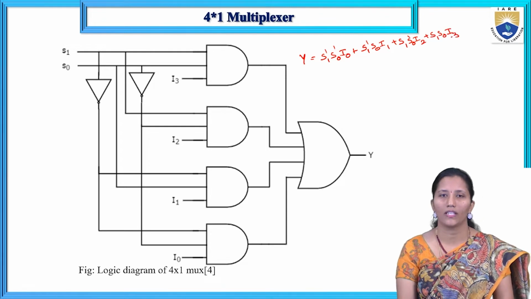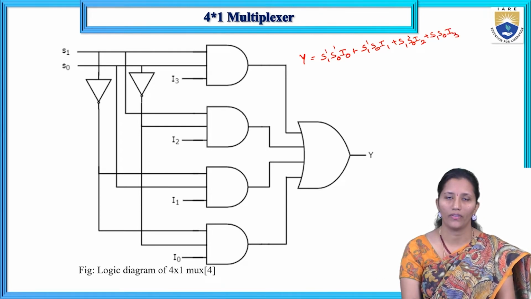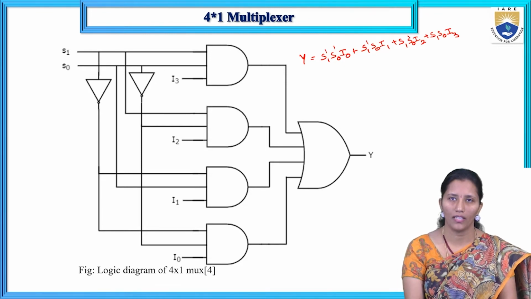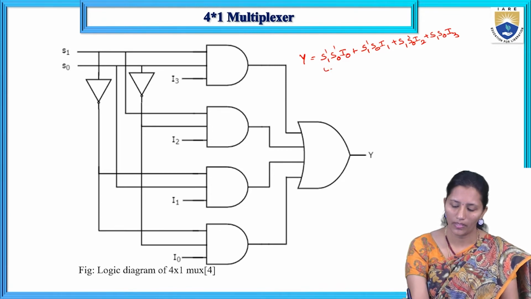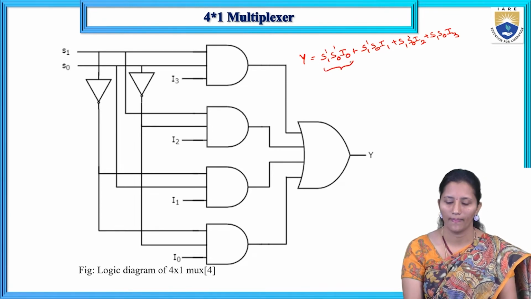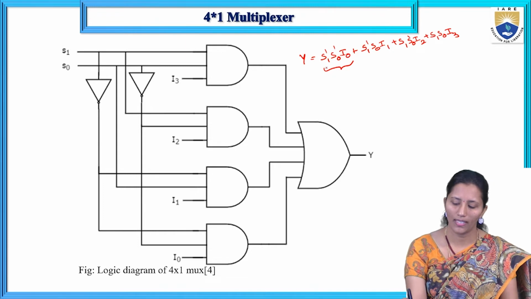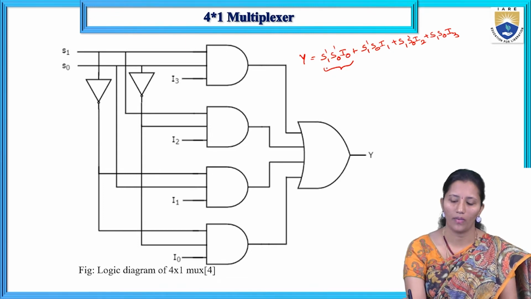So this is the output equation of the 4x1 multiplexer. So if we observe the logic diagram, we will draw the first product term. To get the S1 bar and S0 bar, we have to give the S1 and S0 selection lines to the inverter, NOT gate.